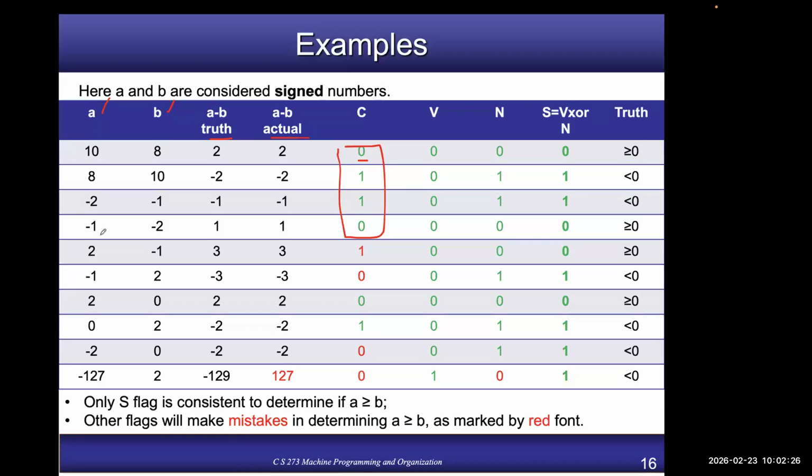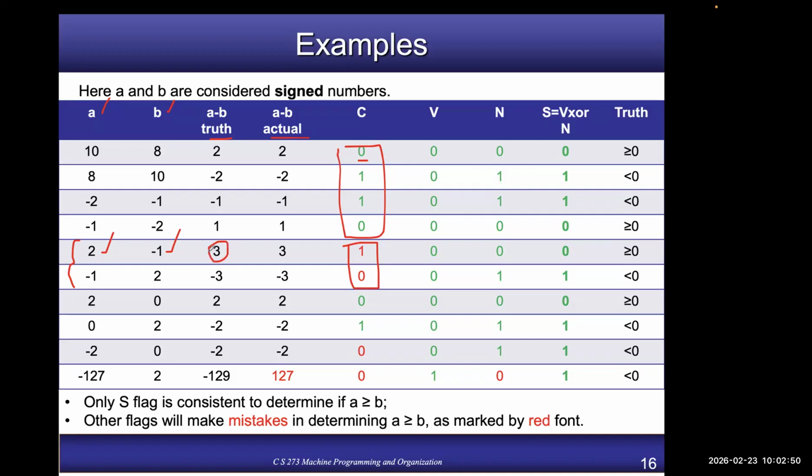But for these particular values of A and B, where I am doing the A minus B operation, the value of C is equal to 1 and 0. For example, here A is equal to 2 and B is equal to minus 1, and I am doing A minus B. What will be the result? It will be 2 minus minus 1, so basically 3, right?